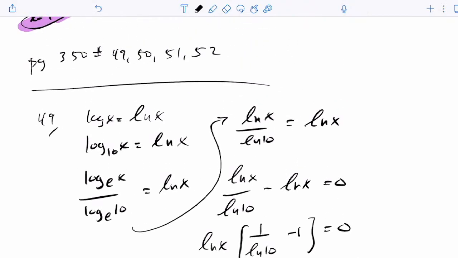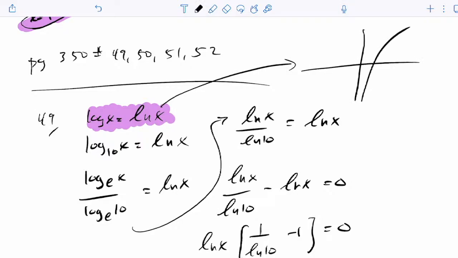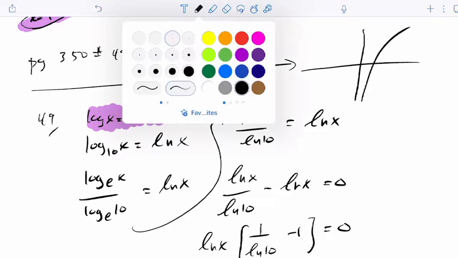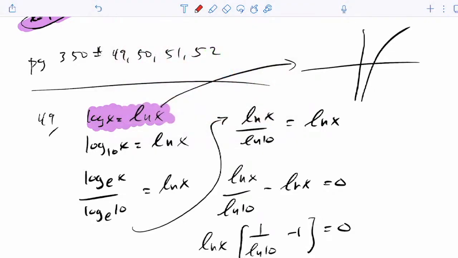But it kind of makes sense because if you look at this graphically, you're asking, when does log base 10 of x intersect with ln of x? It's going to look something like this, right?